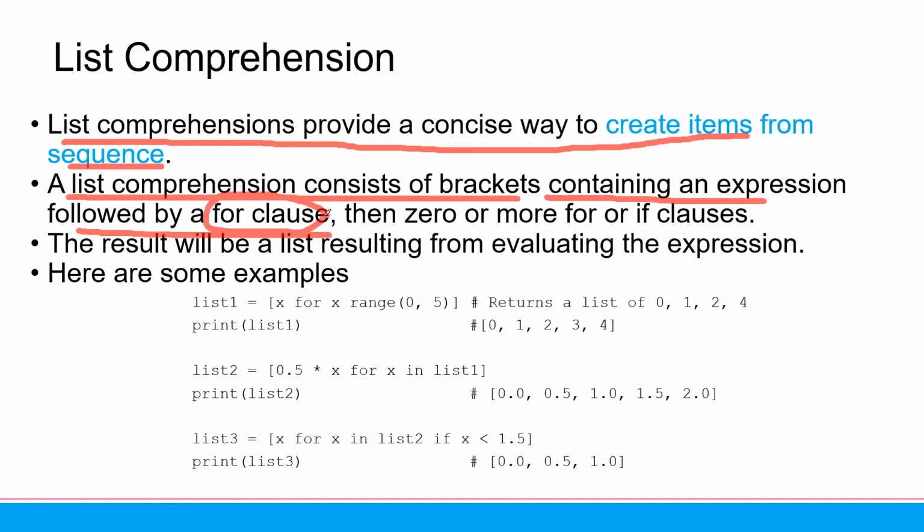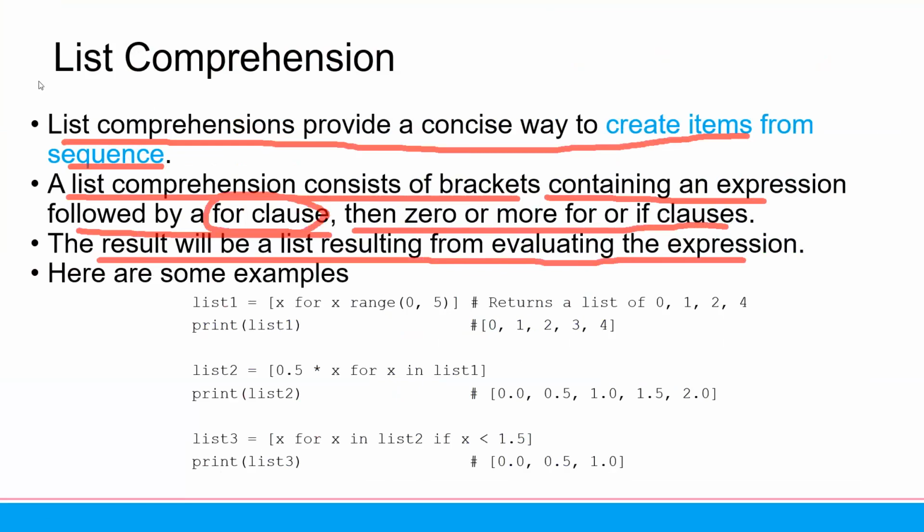We will use for loop. Then 0 or more for or if clause. So we can combine for and if inside this list. The result will be a list resulting from evaluating the expression.